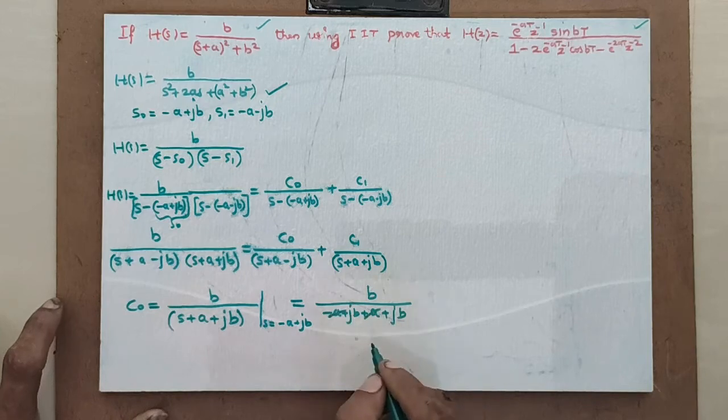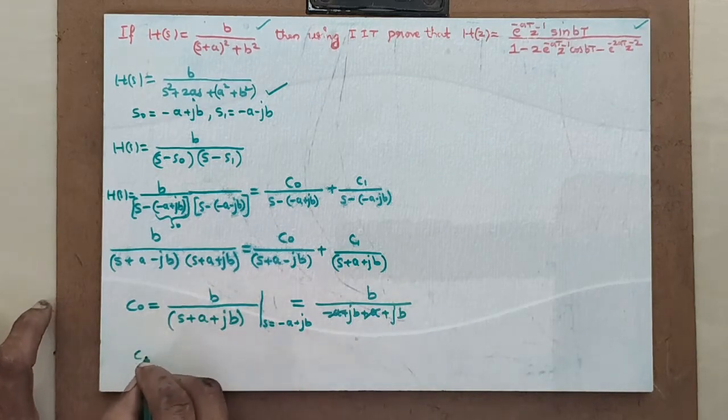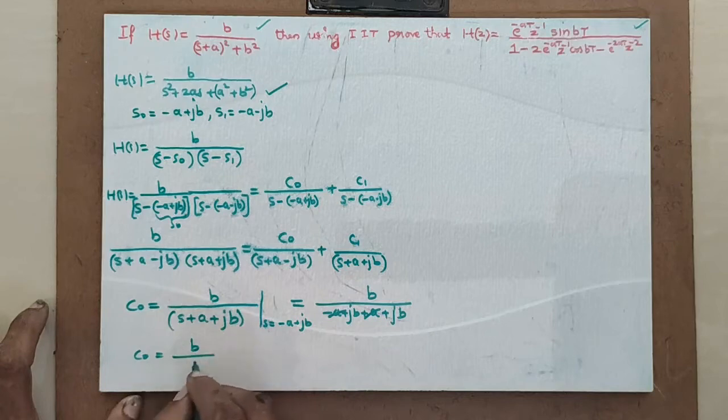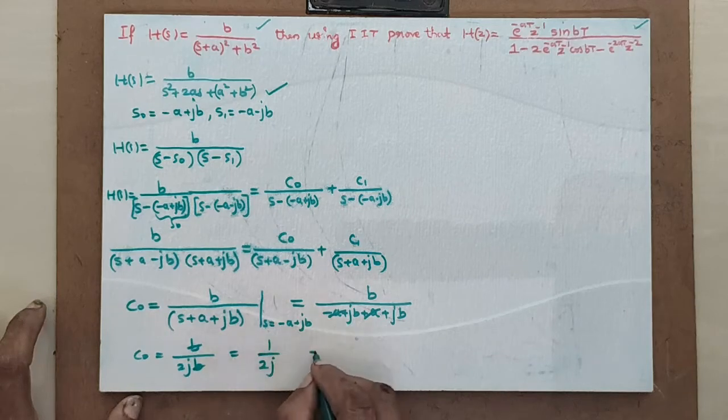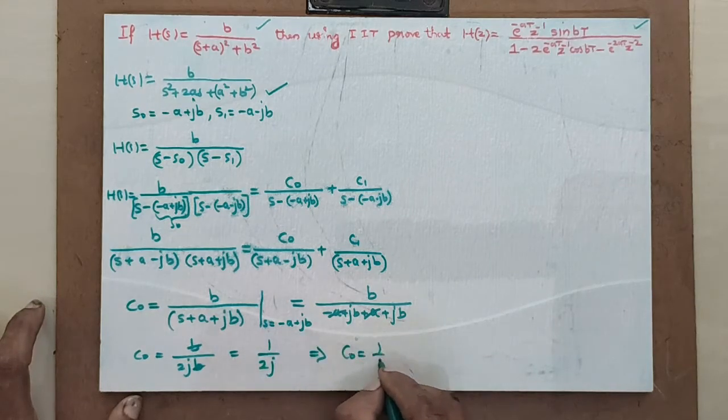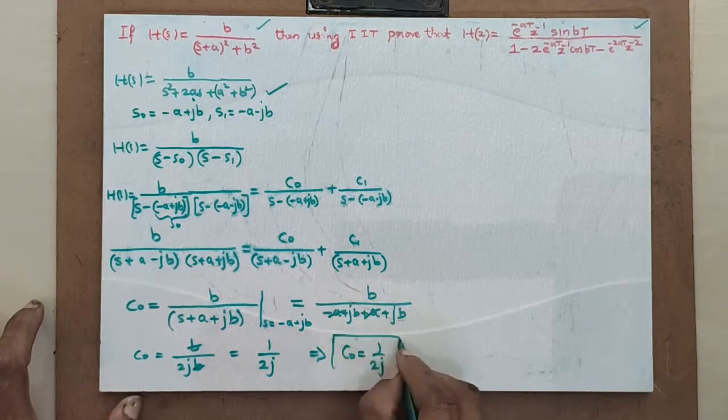Minus a plus a cancels, so c0 becomes equal to b divided by 2jb. The b's cancel, giving 1 over 2j.